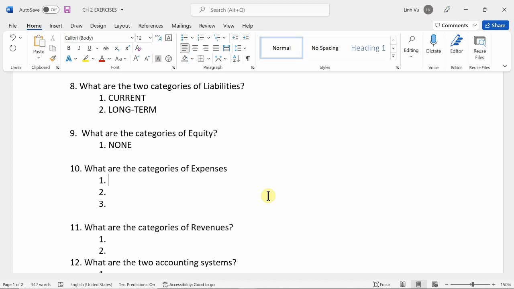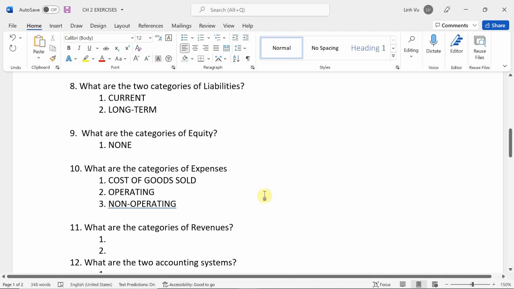Operating. Non-operating expenses. Is it cost of goods sold? Cost of goods sold. What else? One more. Operating expenses. Okay, good.